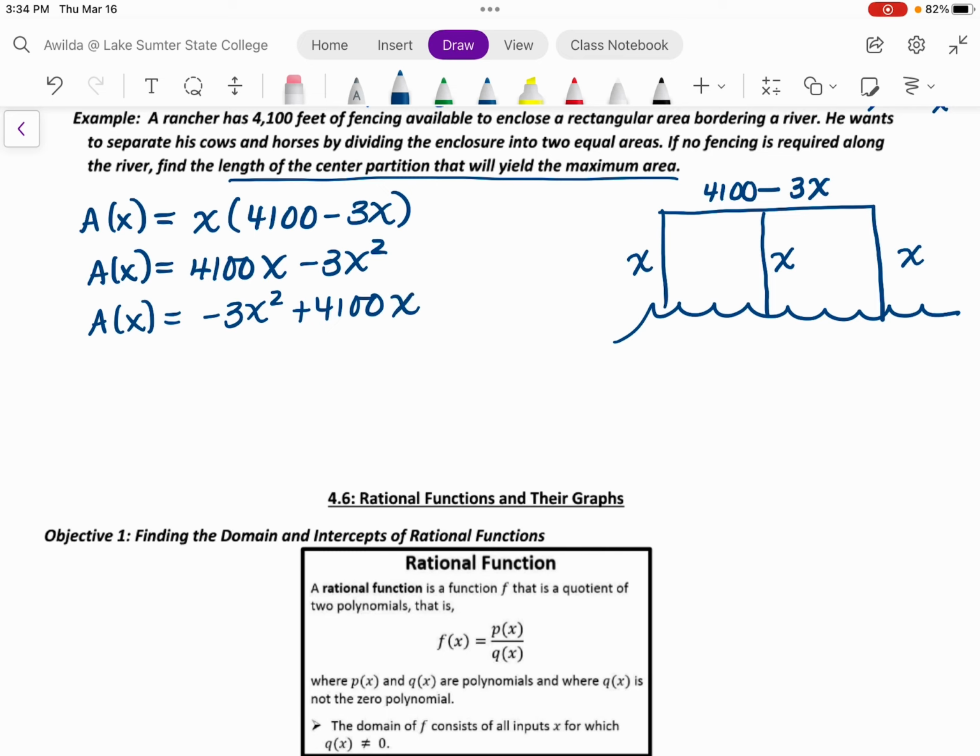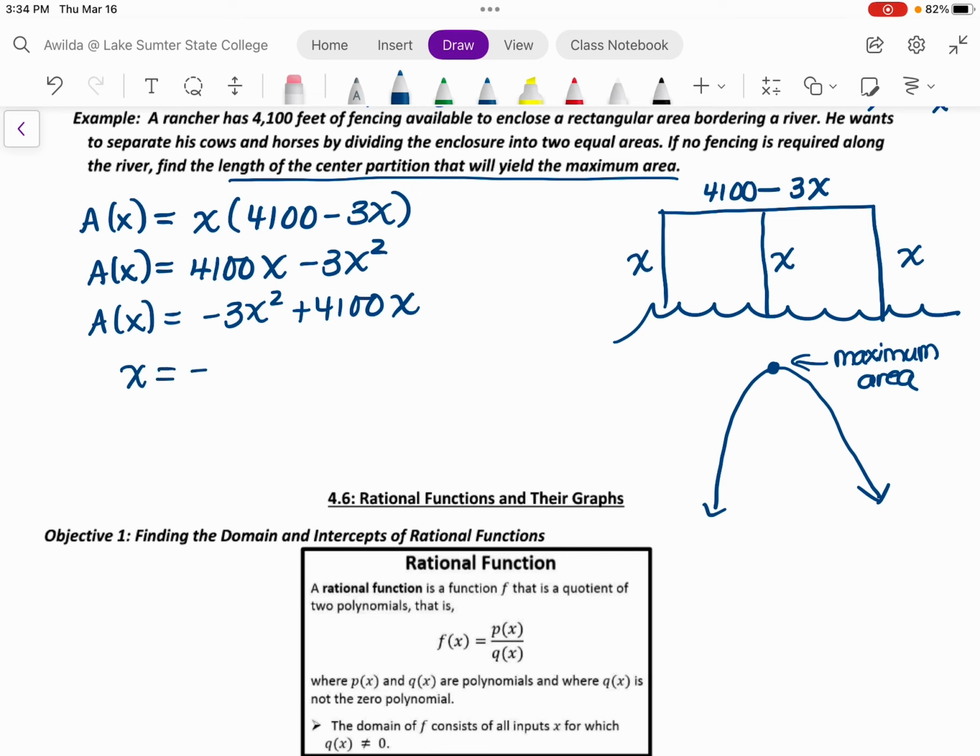We know that the graph of this area is going to be a parabola that opens down because the leading coefficient is negative, and we know that the maximum area is going to occur at the vertex. So where does the maximum area occur?